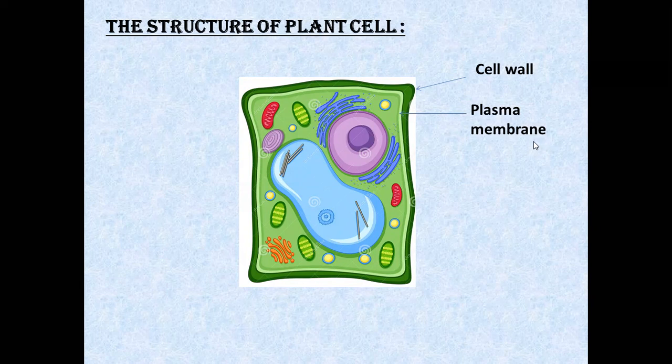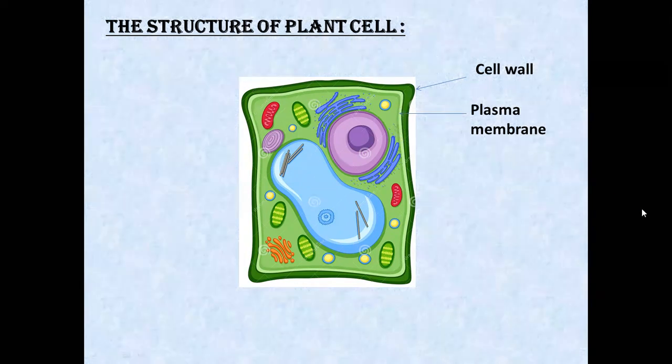So again, the plant cell has two covers. The outer one is hard to protect the plant and it's called the cell wall. And the inner one is called the plasma membrane and it's thin and weak.